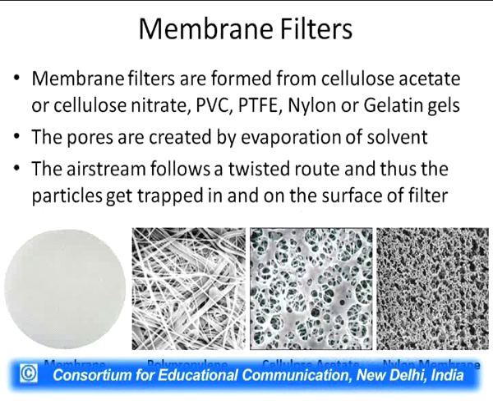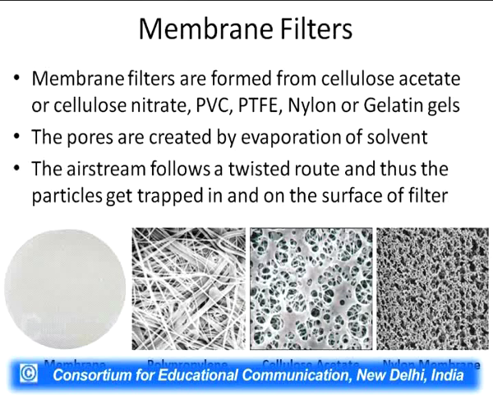The next class of filters are membrane filters. Membrane filters are formed from cellulose acetate or cellulose nitrate, PVC, PTFE, nylon or gelatin gels. The pores are created by evaporation of solvents. The air stream follows a twisted route and thus the particles get trapped in and on the surface of the filter. Here pictures of membrane filters are provided.